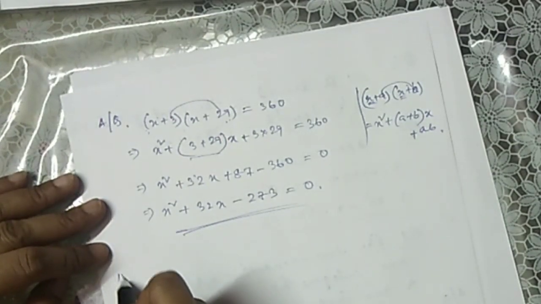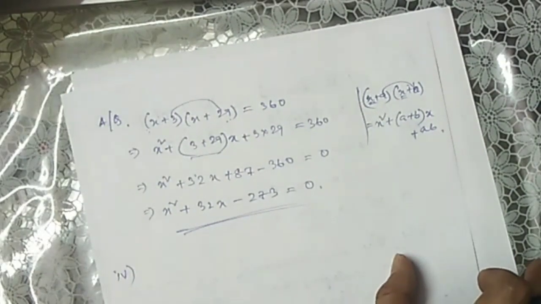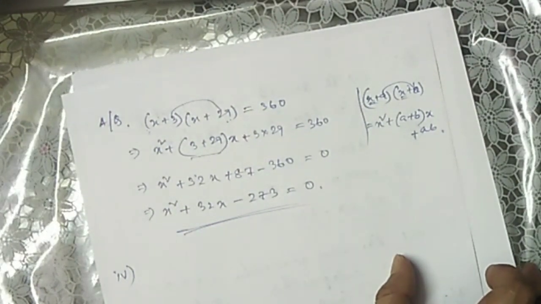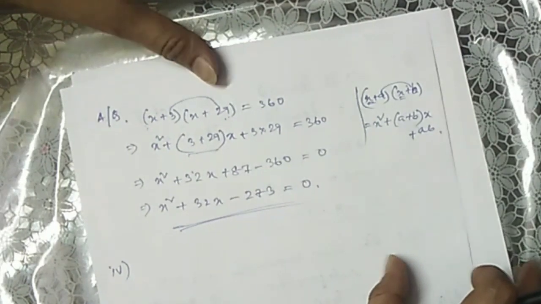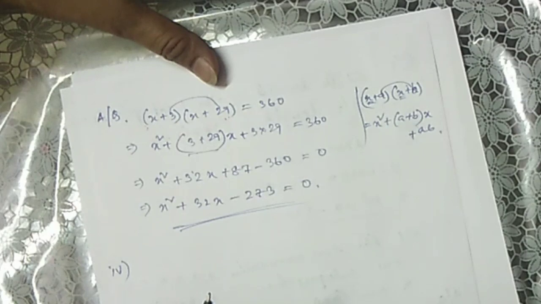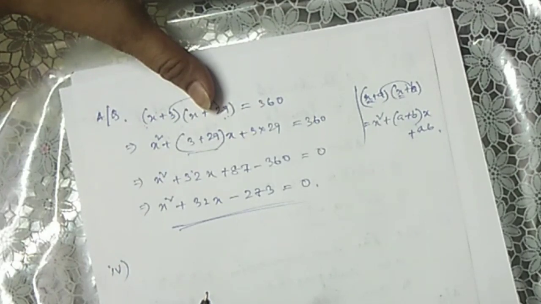Last question, number 4. A train travels a distance of 480 km at a uniform speed. If the speed had been 8 km per hour less, then it would have taken 3 hours more to cover the same distance.